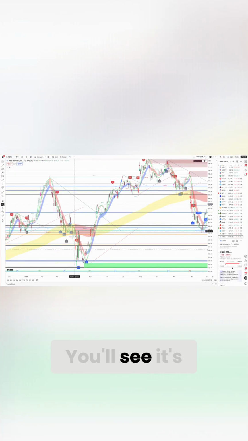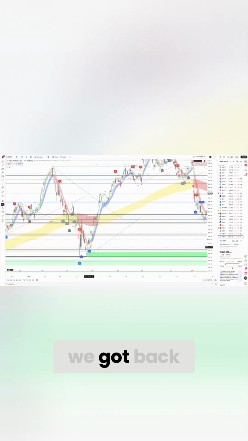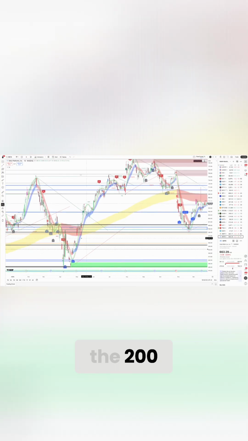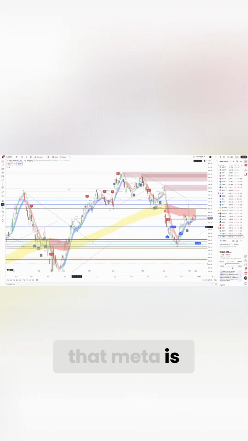It's bearish, we got back above the WTMA first. Then we got above the 12 cloud second. And then we were trying to get above the 200. And then this blue cloud is going to cross over this red cloud. And you want to see this stay blue, this flip to yellow.